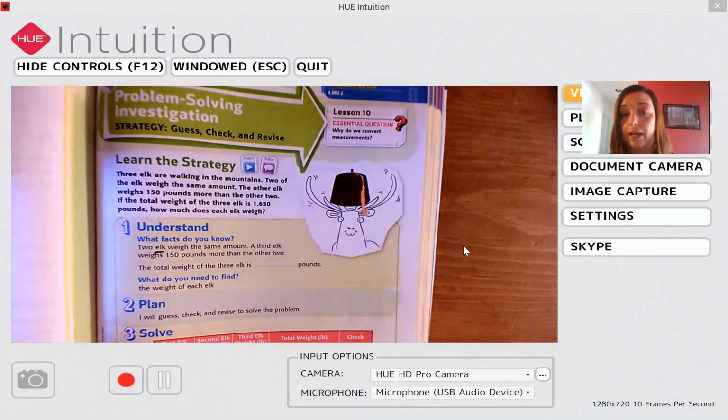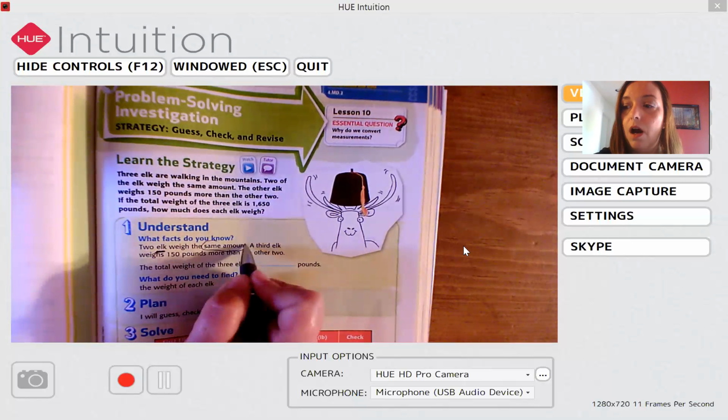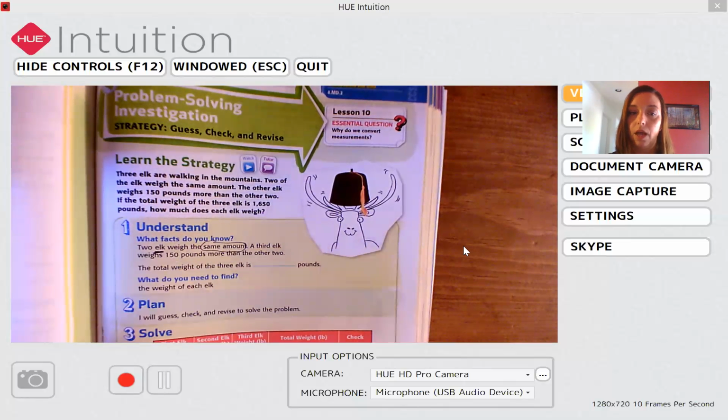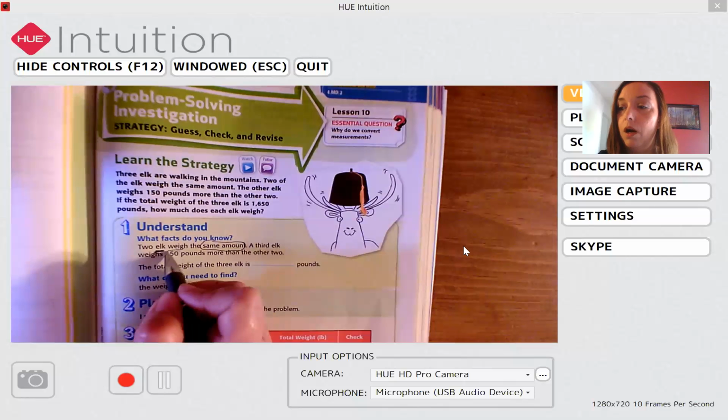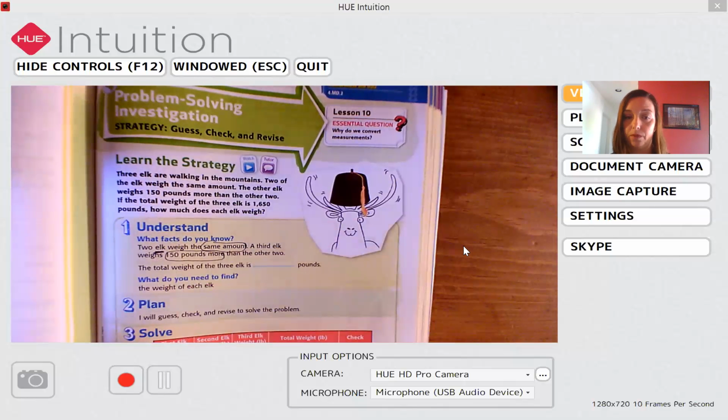So now that's the second part, right? So 2 of the elk weigh the same amount. So 2 of them are equal, and a third elk weighs 150 pounds more than the other 2. Okay, so we need to find the weight of these elk.